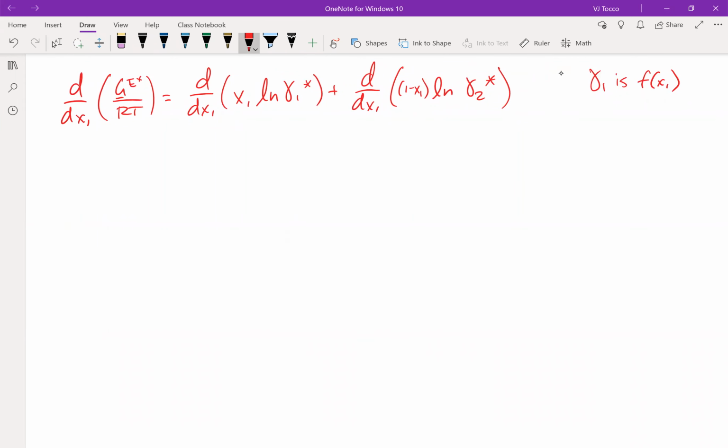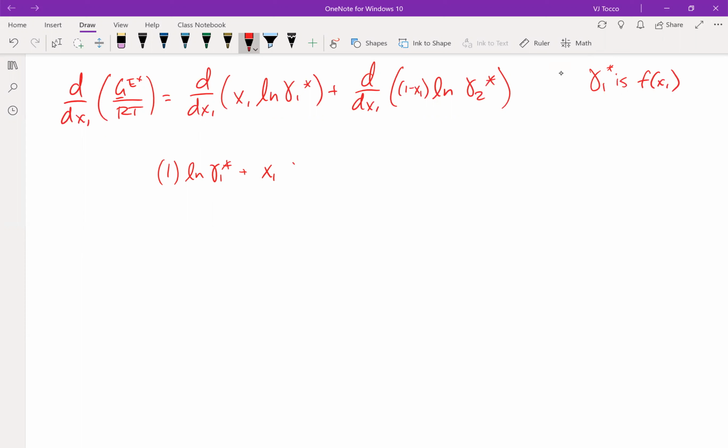To chain rule the first term, I have to take the derivative of the first multiplied by the regular second, and then I have to switch it. So the derivative of the first is a 1 times the regular second function. So 1 times ln of gamma 1 star, plus take the first function normal, and then take the derivative of the second. Now, although I know that gamma 1 star is a function of x, I don't know what the relationship is, so I can't evaluate that derivative.